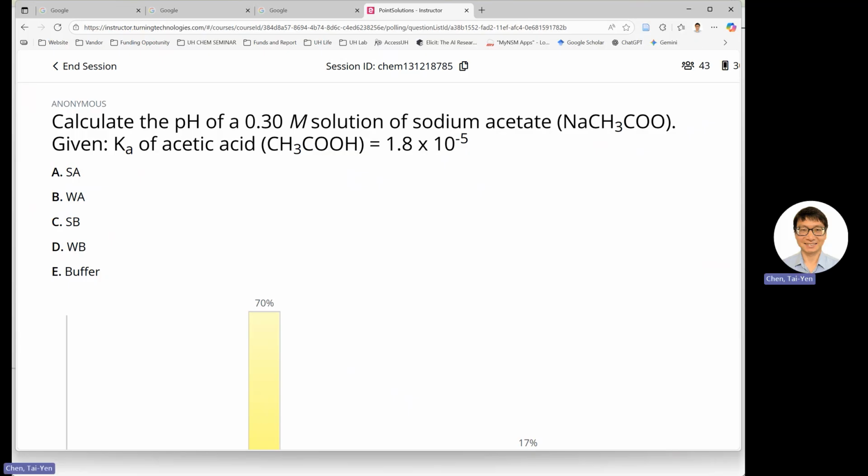That's an acid. That's a base. Examine this again.